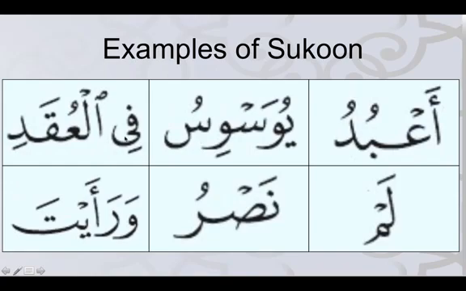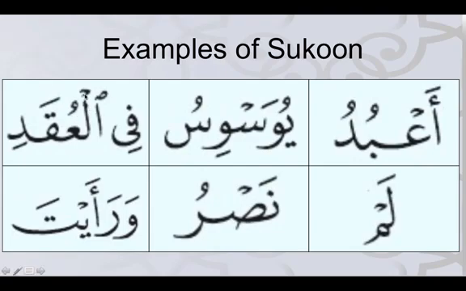Okay, now we're getting into slightly more complicated examples. We see that this lam has a sukun on it. Therefore, this lam needs to be combined with a letter that has a movement. Right? That's what we learned in the previous slide.